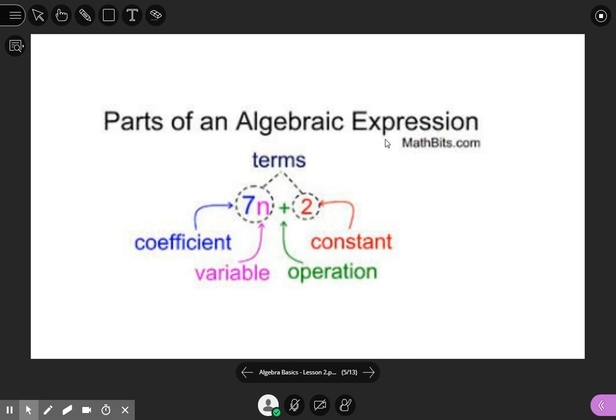Parts of an algebraic expression, some vocabulary words. An expression is really just a combination of numbers and variables in an arrangement, but there's no equal sign, no inequality either. It's just simply some arithmetic expression. A coefficient is the number that would be in front of a variable.